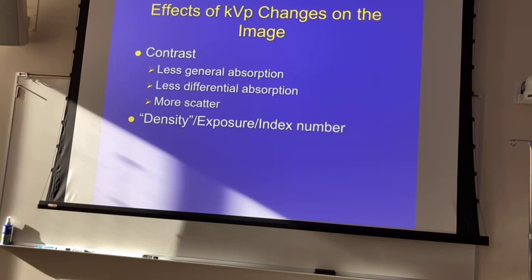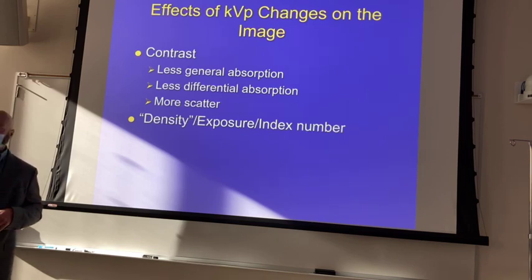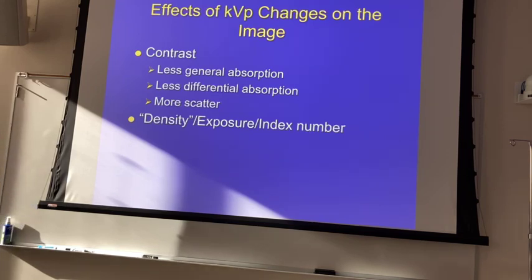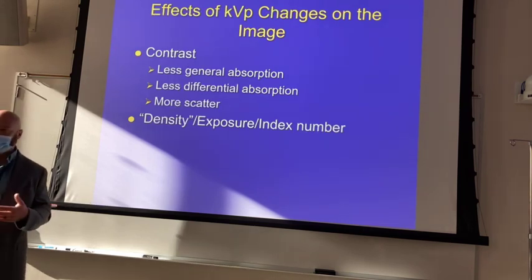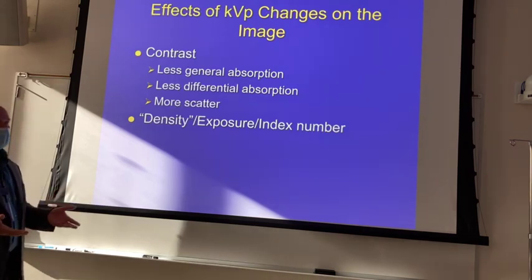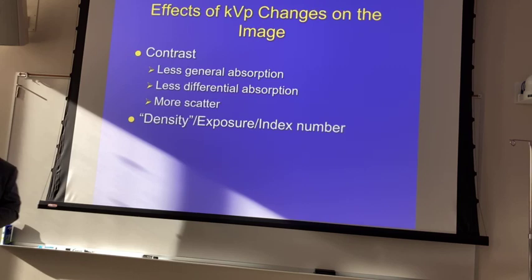Directly. If you increase your kVp, you're going to get an exposure number that indicates that your exposure to the image receptor increased. So an increase in kVp is evidence that you increased exposure. In some of your systems, as your exposure goes up, your index number goes down.